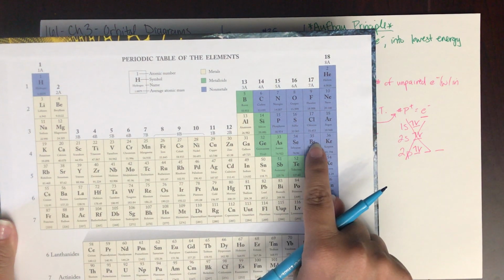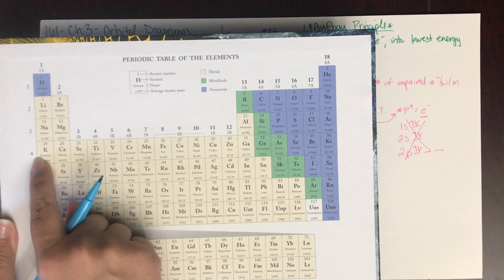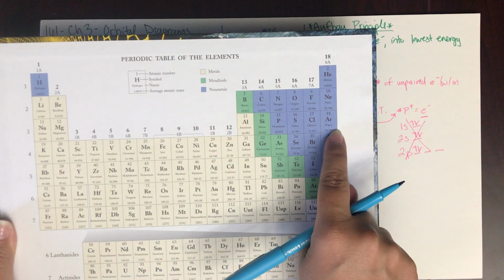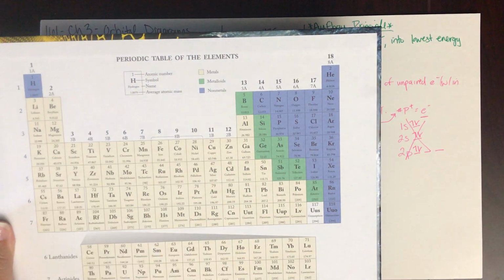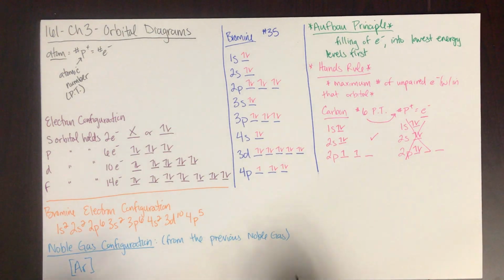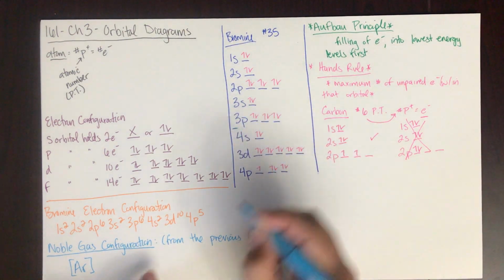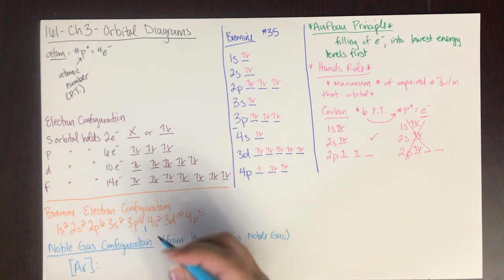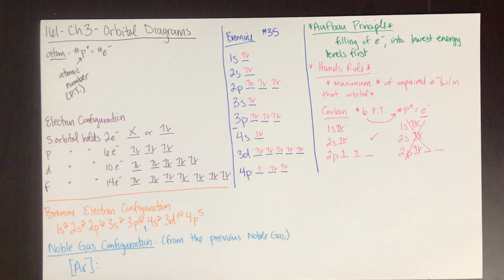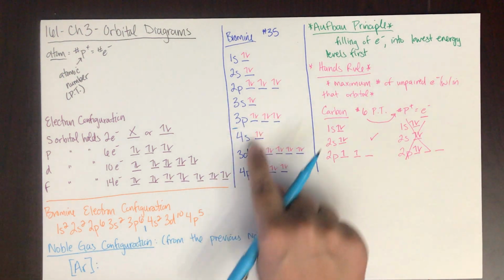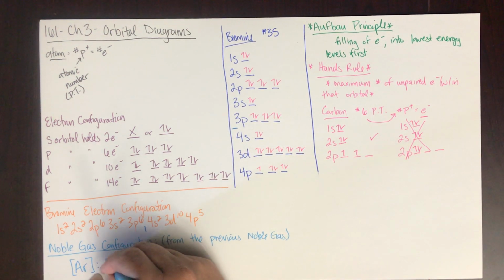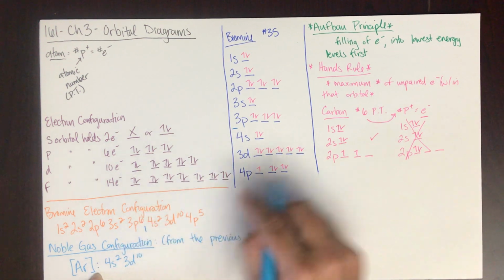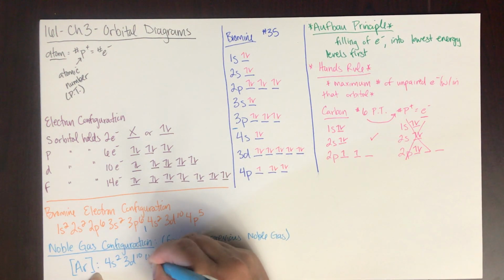Now to get to bromine, I just start at the next energy level. The noble gas covers everything from 1s to 3p, and then I start here. So then I'm just going to write the rest. Usually there's a colon there, and then we go from where we left off. So it's going to be argon, 4s2, 3d10, 4p5.